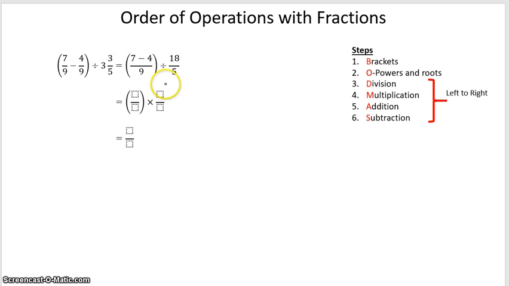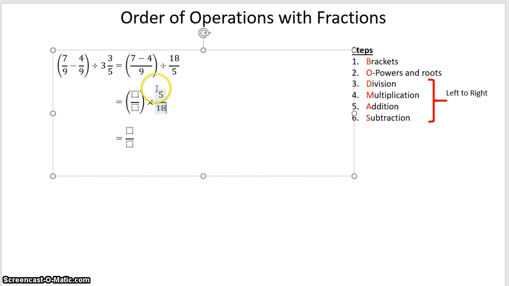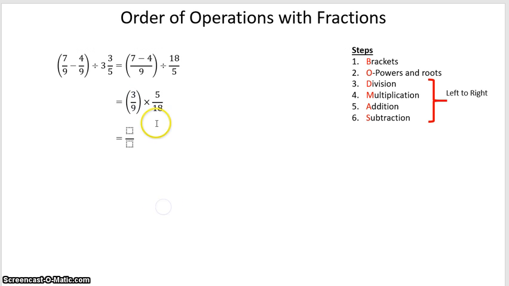After that we are going to flip this fraction. So instead of 18 over 5, I'm going to write it as 5 over 18. And then this one I'm going to simplify, so the denominator is still 9, and 7 minus 4 is 3.